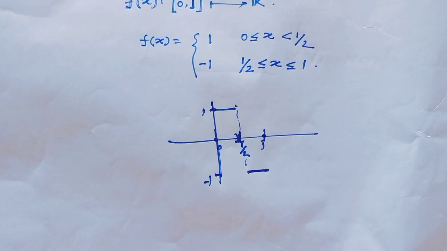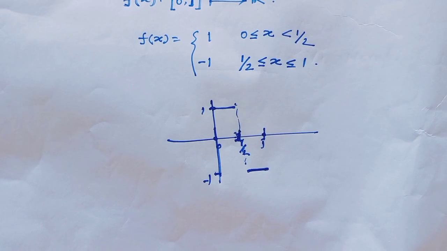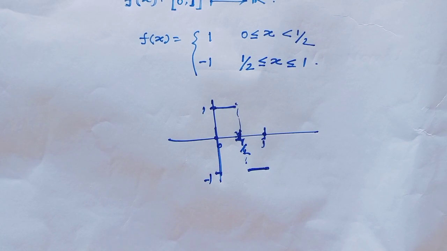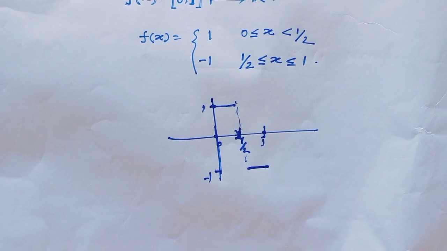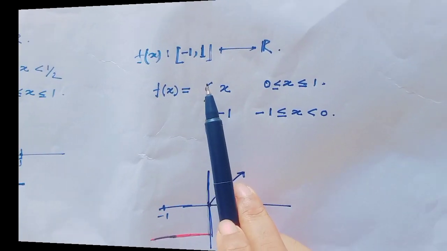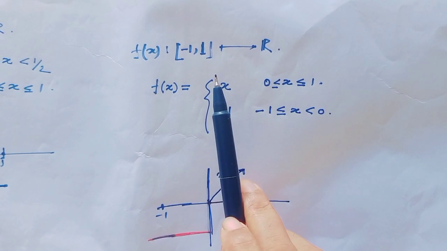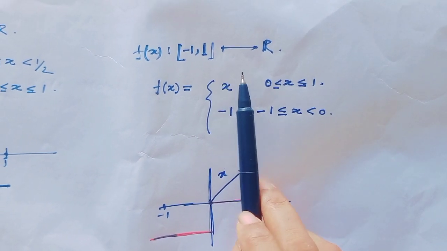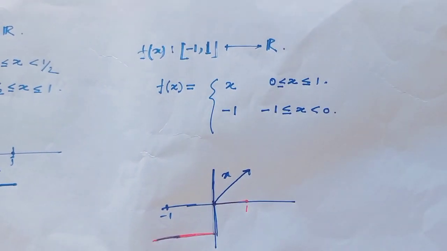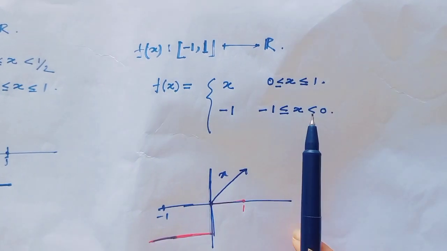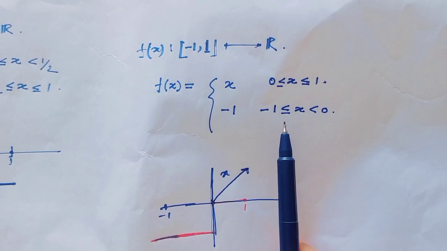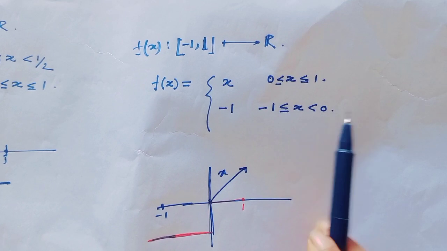Here Bolzano's theorem is not satisfied. There exists no point c such that f(c) equals 0. But there exist many functions which are not continuous, but for which Bolzano's conclusion is satisfied. Let's look at such a function. Consider f(x) defined from the closed interval [-1,1] to R such that f(x) equals x when x lies in [0,1] and minus 1 when x lies in [-1,0).